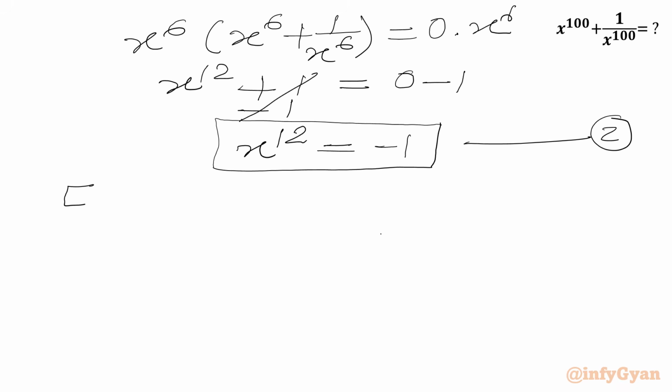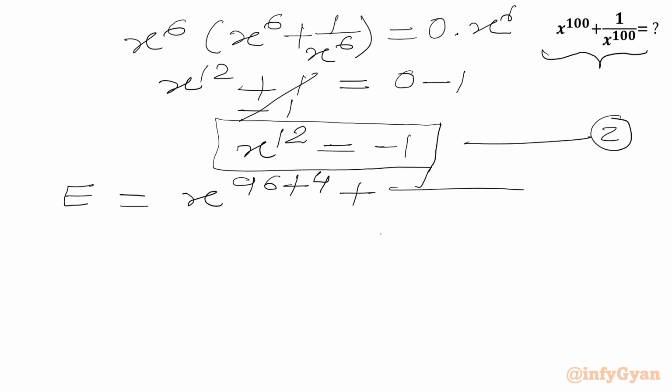Now we will write our required expression E, which is written here. So I will write x power 100 plus 1 over x power 100. 100 can be written as 96 plus 4, so this will be equal to x power 96 plus 4.